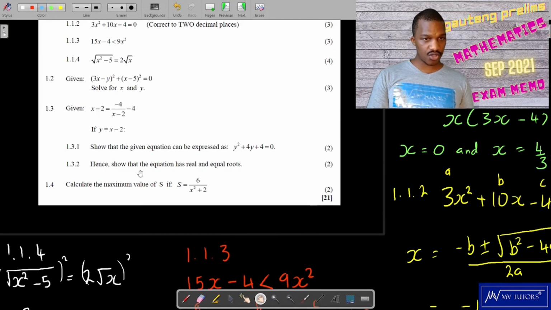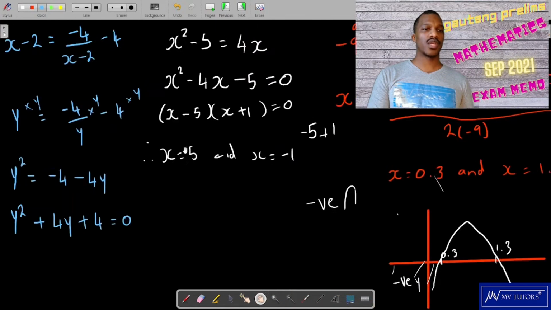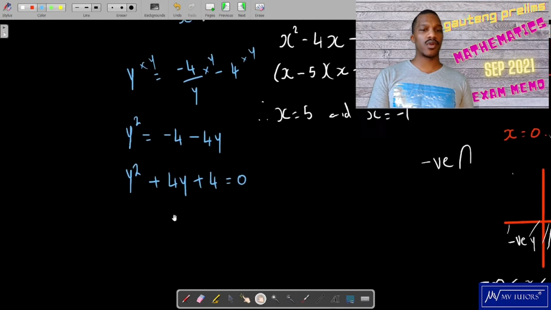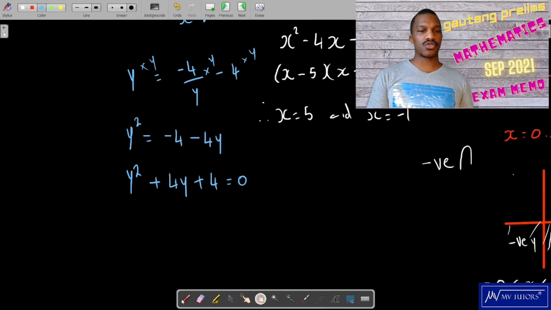1.3.2 says, hence show that the equation has real and equal roots. Okay, so when we're talking about real and equal roots, we're really just talking about the discriminant. So this is 1.3.2.